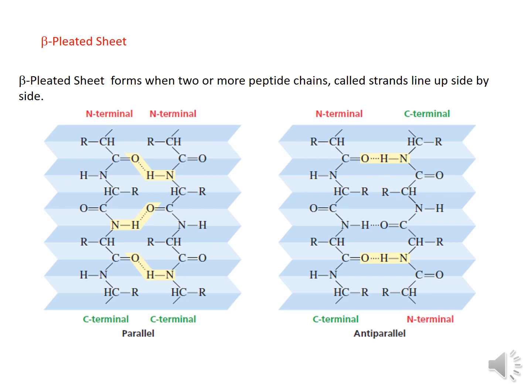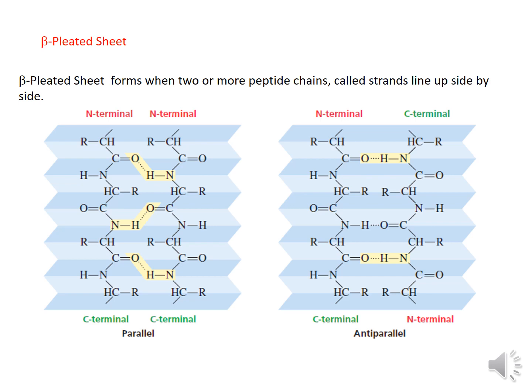Beta pleated sheets form when two or more peptide chains, called strands, line up side by side. Here one could observe two types of structure: one is the parallel beta pleated sheet, and the other is the anti-parallel beta pleated sheet.